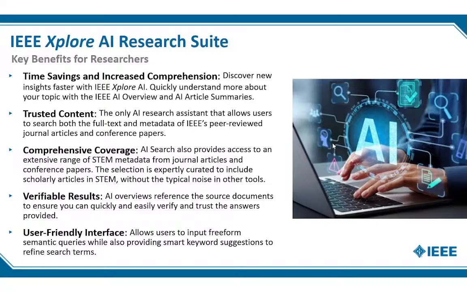We have received a lot of feedback, especially from new users in IEEE Explore, who struggle with learning how to construct a proper search statement. With this IEEE Explore AI search suite, that part becomes history. All you need to do is just know what you want to ask, key in the search keywords, and we will be able to help you, in the back end, of course, using the AI tools to help you retrieve the latest updated resources.